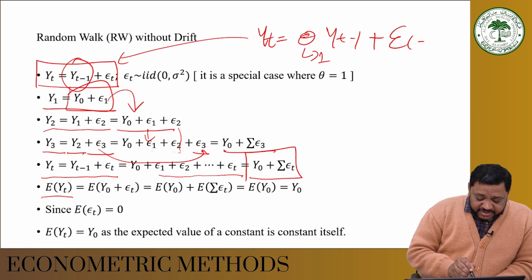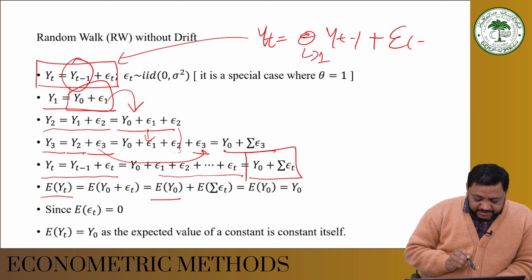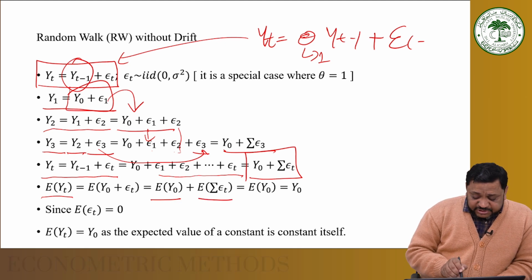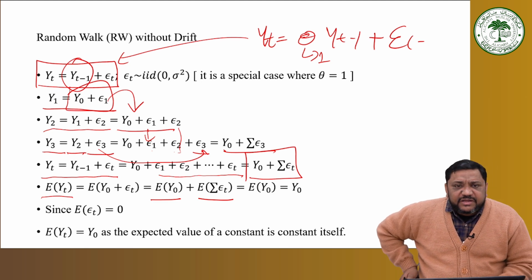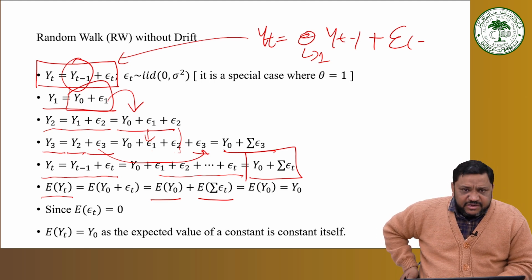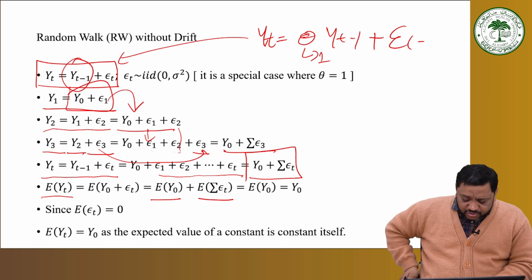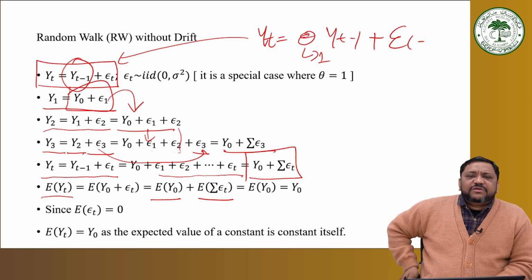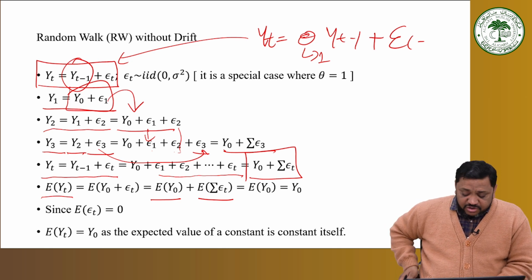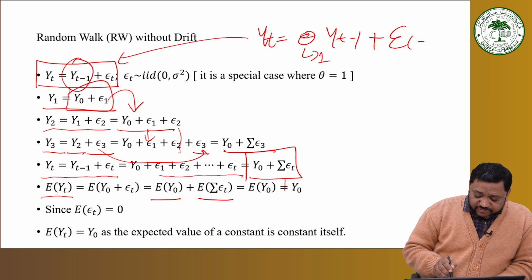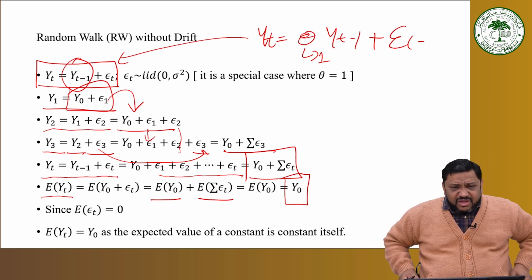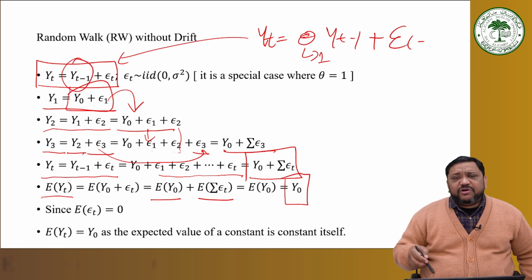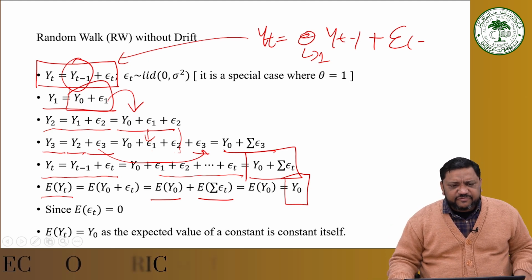Now we write it separately: expectation of y0 plus expectation of epsilon t. Expectation of epsilon t, an error term, is equal to 0. So what you are left with is expectation of y0, which is equal to y0, because the expected value of a constant is the constant itself.